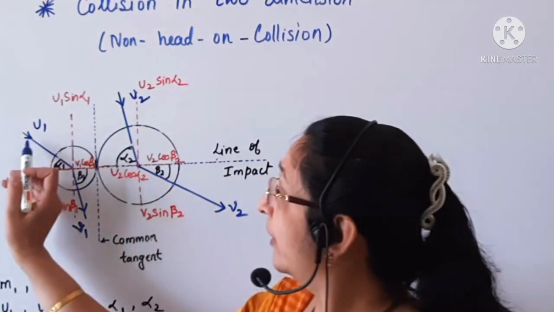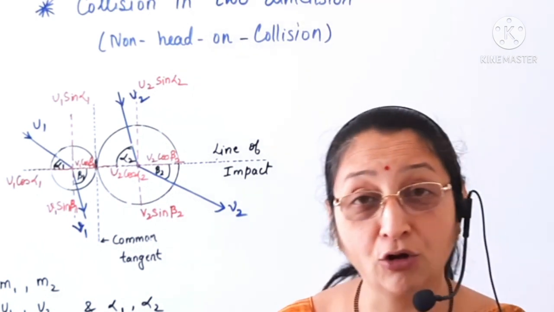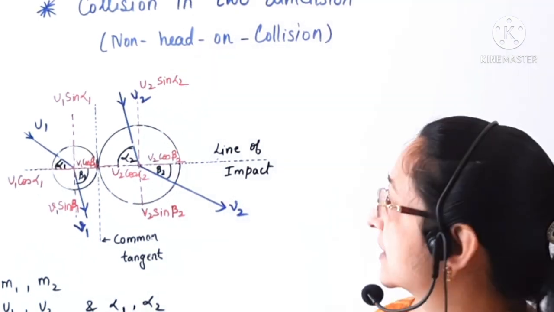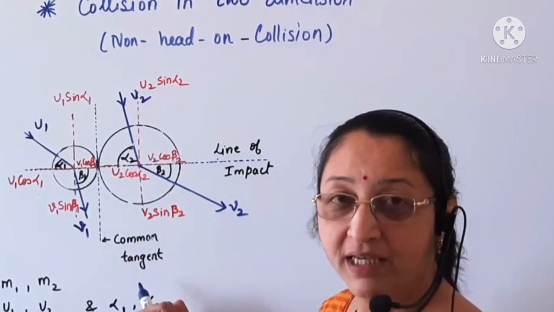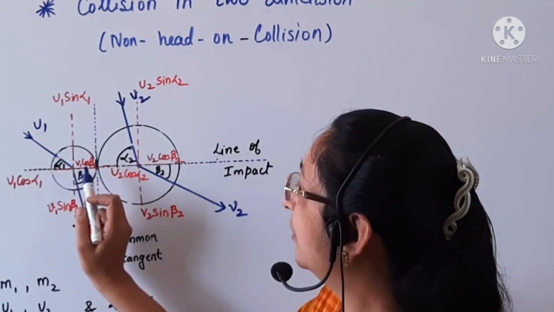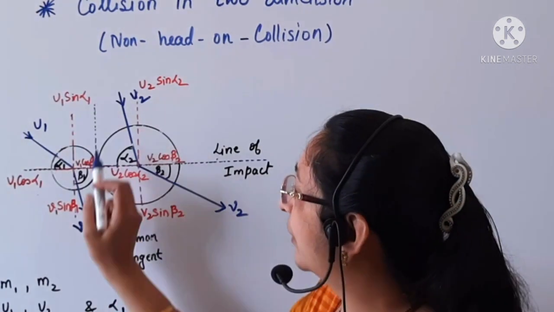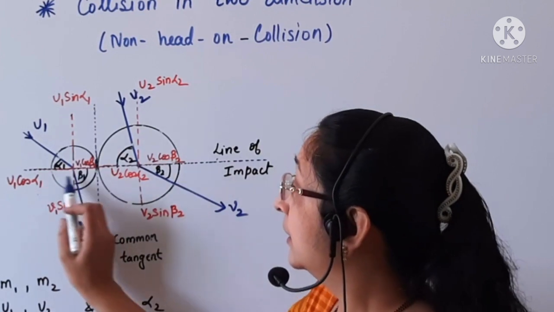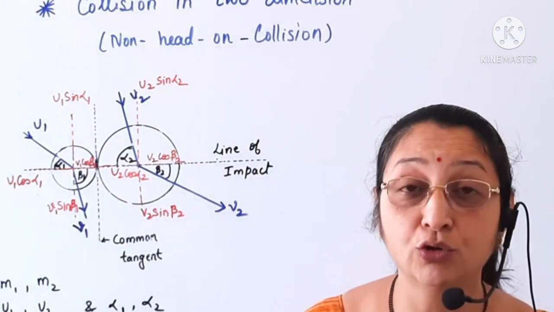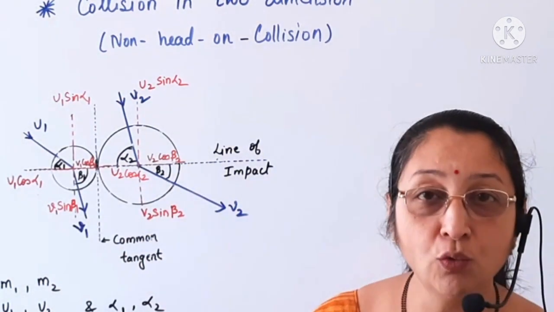So this u1 vector we are separating into two perpendicular components along the x-axis and along the y-axis, that is, along the line of impact and along the common tangent. So we separate u1 into two parts: u1 sine of alpha 1 and u1 cos of alpha 1.